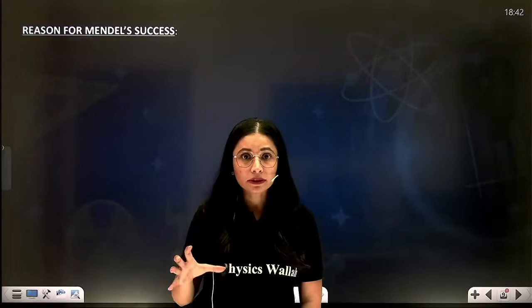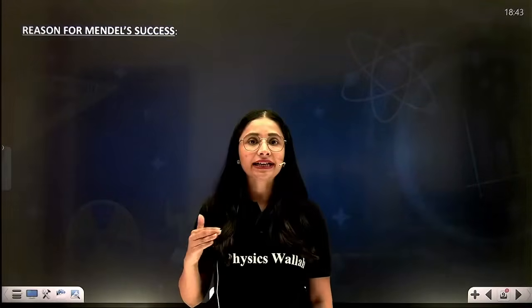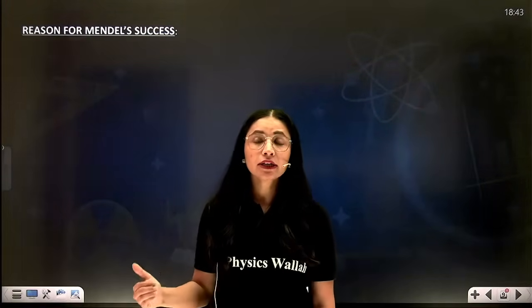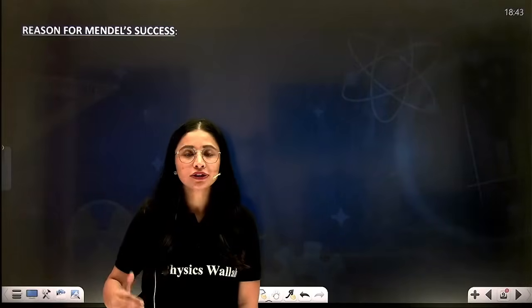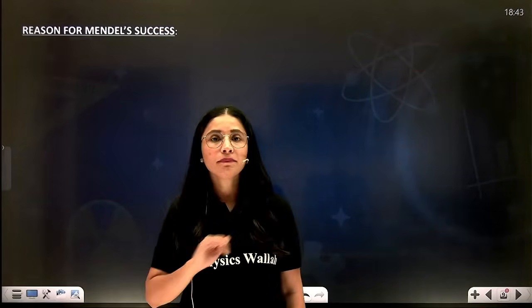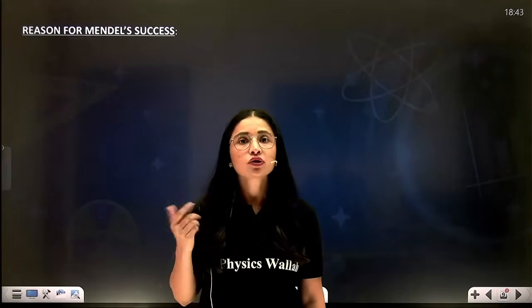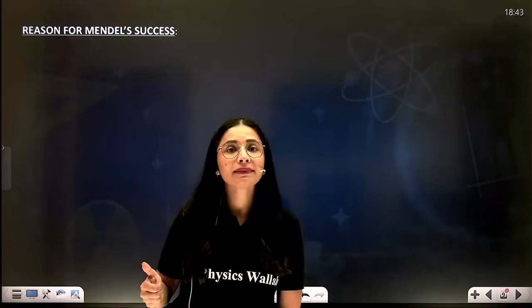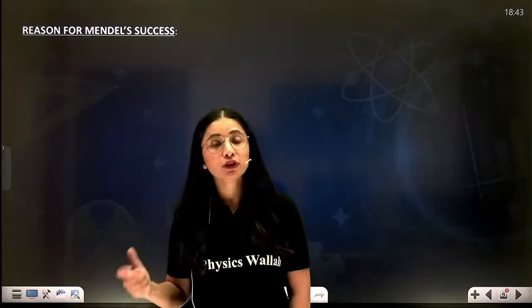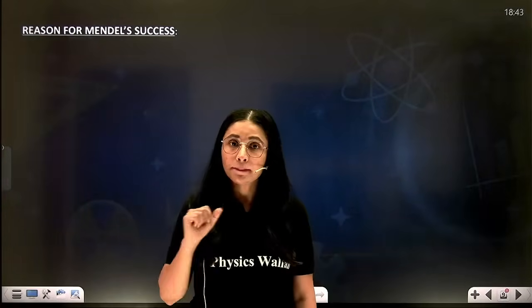Scientists of Mendel's time used to think that using maths in biology, in science, is absolutely madness. However, Mendel did not believe this. He said, so what? If it is biology, then in biology also mathematical tools and statistical tools can be used. So this helped him to get results faster and better.